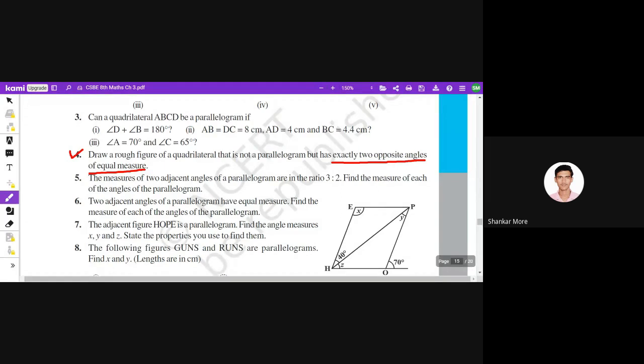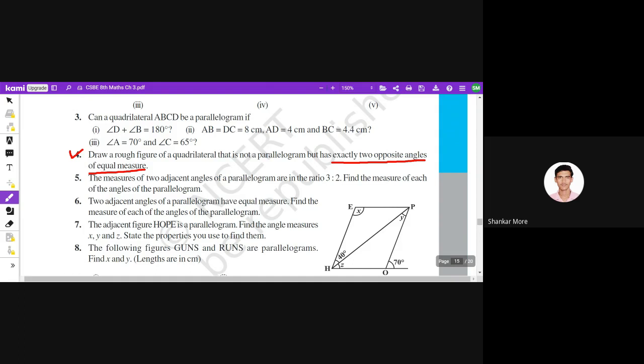So can we draw this figure? Tell me, can we draw this figure?